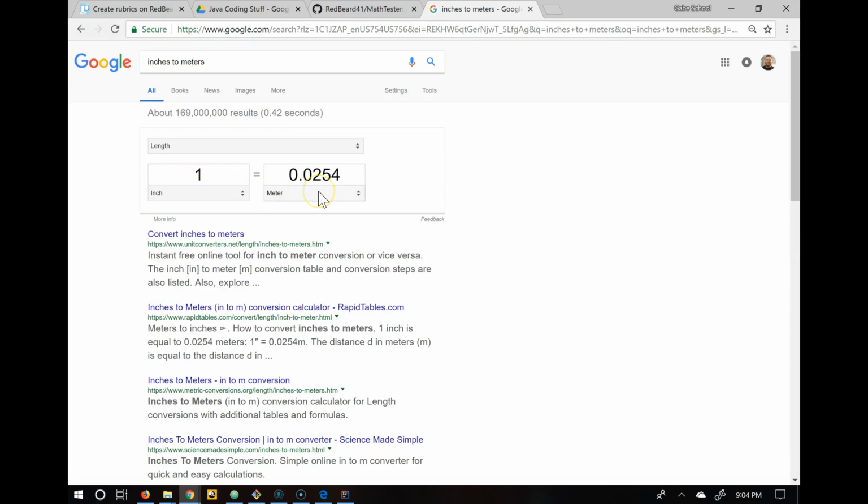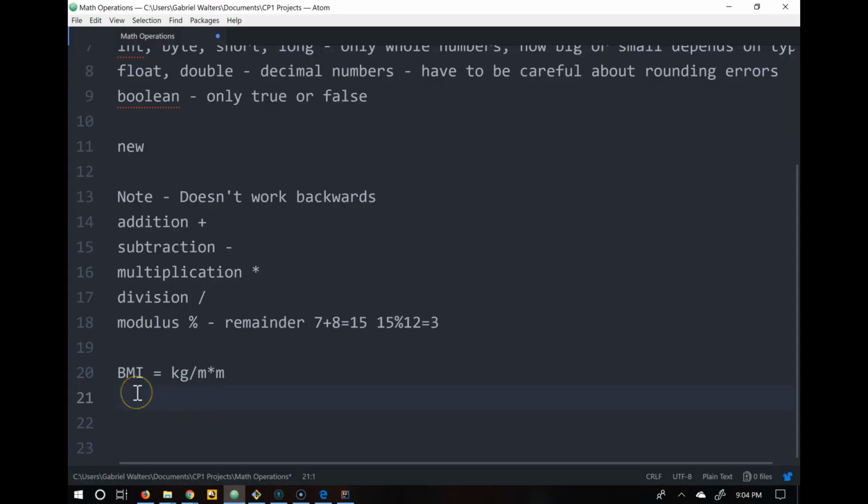1 inch is equal to 0.0254 meters. So if I wanted to convert, let's say, 5 inches, to find out what that is in meters, I know that 1 inch, or whatever my inches are, times a correct fraction that will cancel out my inches.